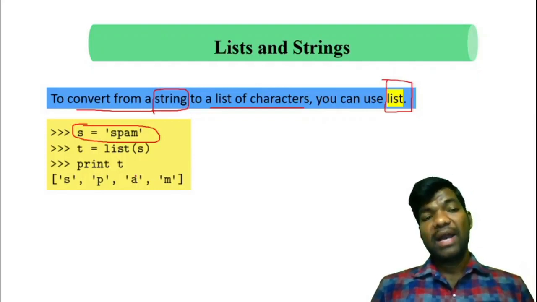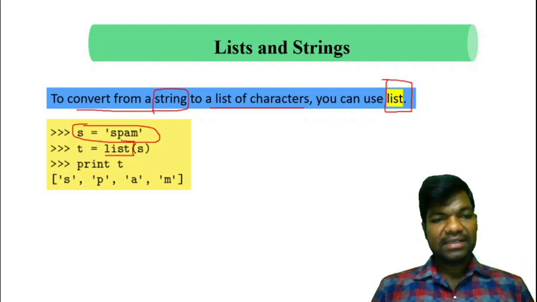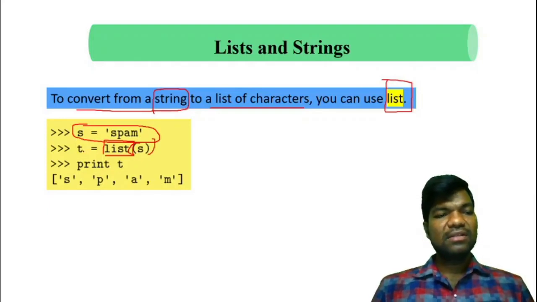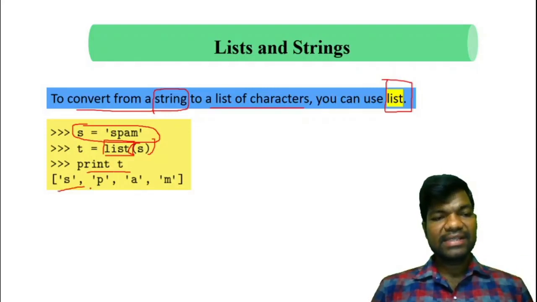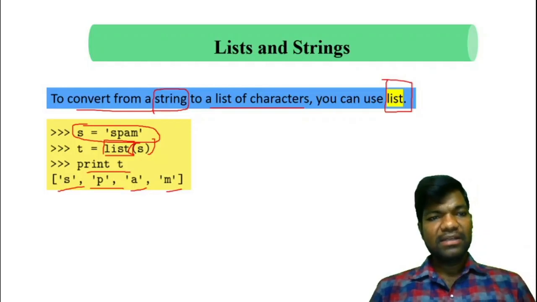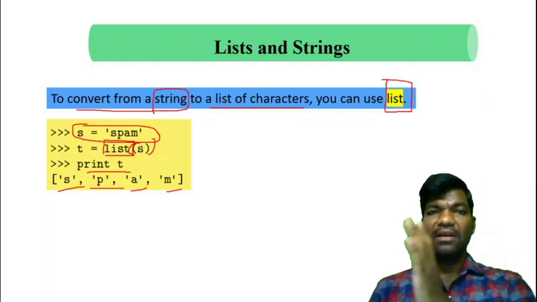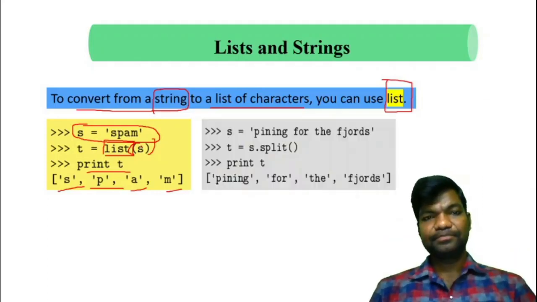Now I am converting this string into a list, using the list keyword of S, and that is assigned to T. Now print T. All these characters are separated: S, P, A, M will be displayed as a list. So we are converting a string into a list.